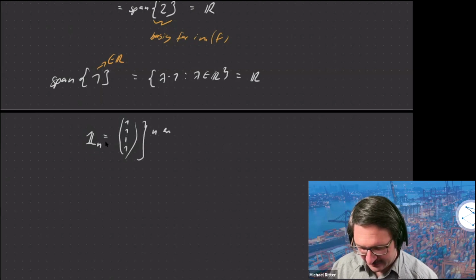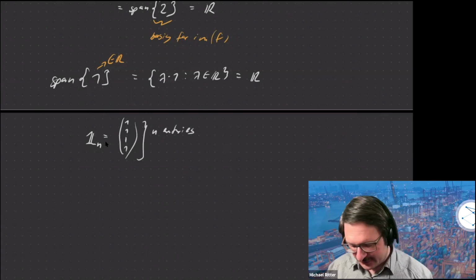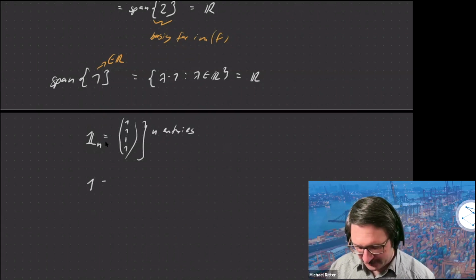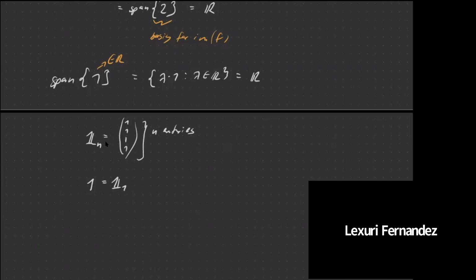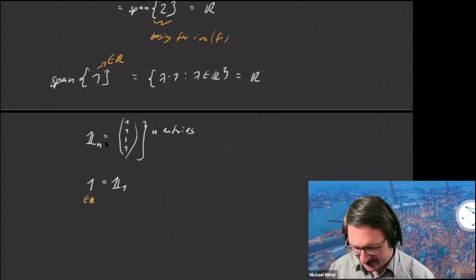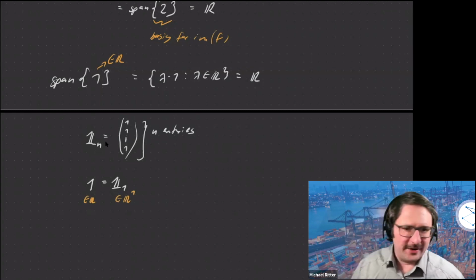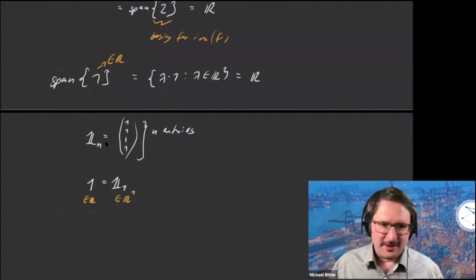That would mean the vector has n entries. So in particular, the real number 1 would be equal to the all ones vector with just 1 entry. I would identify those two. So this is the real number, and this is a vector, so that's in R to the 1 if you want. Yeah, they mean the same thing.